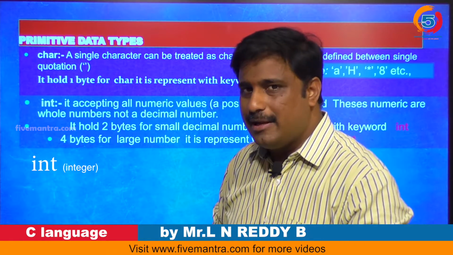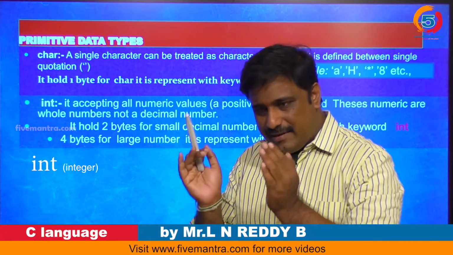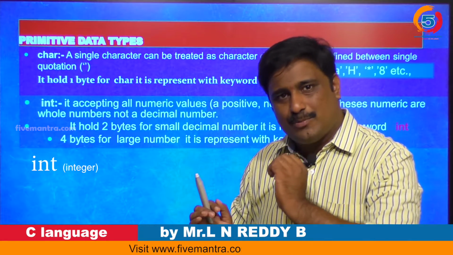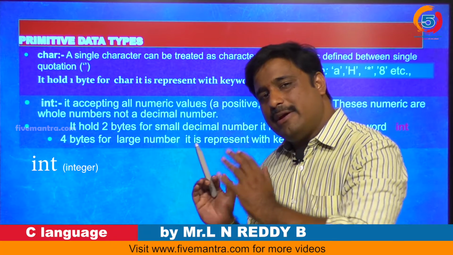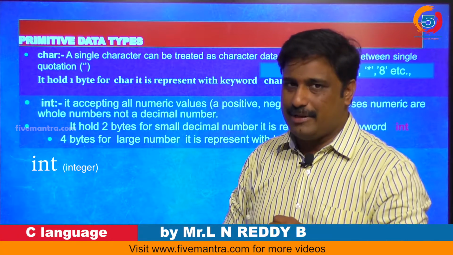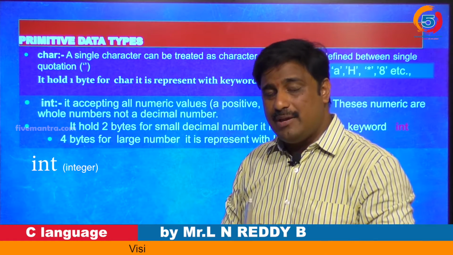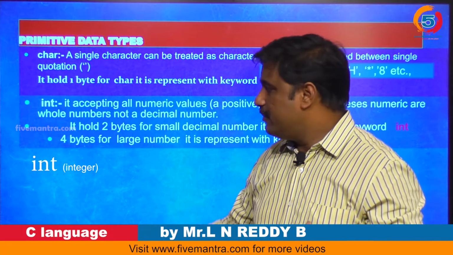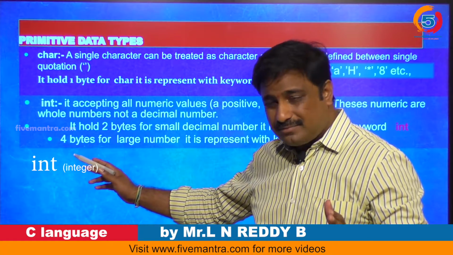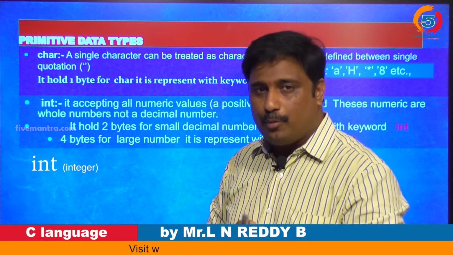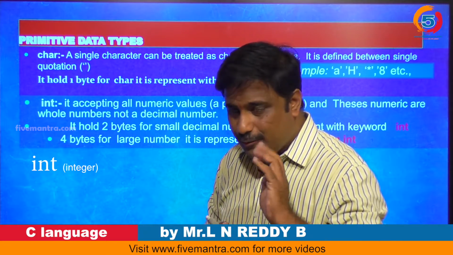How much memory will you allocate? 2 bytes if it is a small integer. Whenever the user gives a small number, at that time we allocate a small amount of memory, that is 2 bytes or 16 bit. Maybe sometimes the user will give large data, and that number will be given with the help of long int, and memory will be allocated 4 bytes.